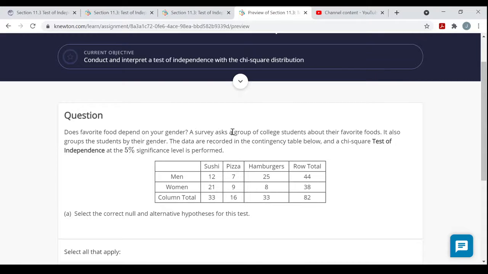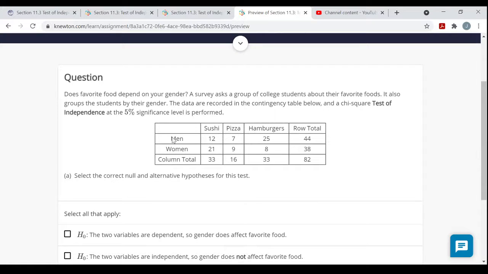A survey asks a group of college students about their favorite foods. It also groups the students by their gender. The data are recorded in the contingency table below, and a chi-square test of independence at the 5% significance level is performed. So that's alpha. I'm going to write this table out, and we're going to set up the hypotheses and all that stuff.